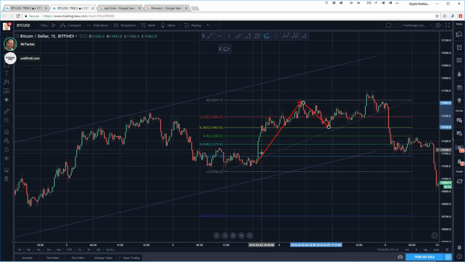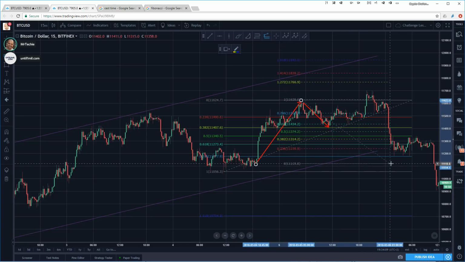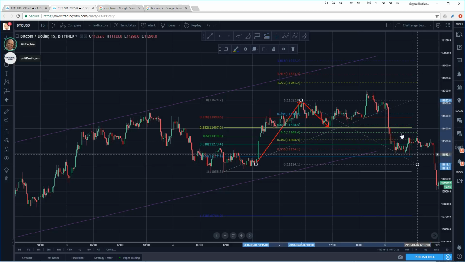Okay, so we would have come from here up to the top there, come across to the 0, and we see that we failed to reach the 1.272. Now, we failed to reach the 1.272, and we actually went lower than our previous point.